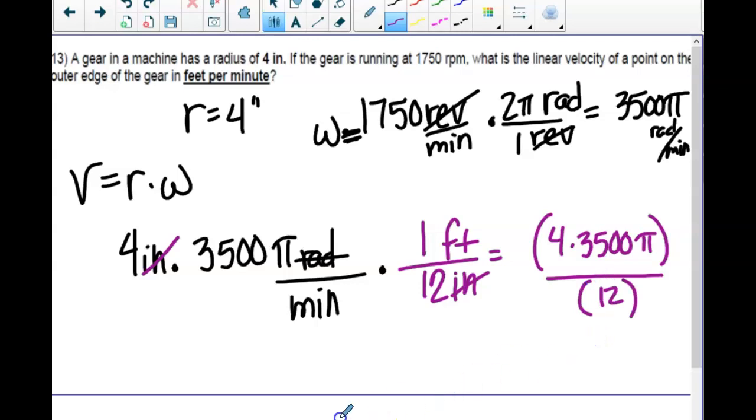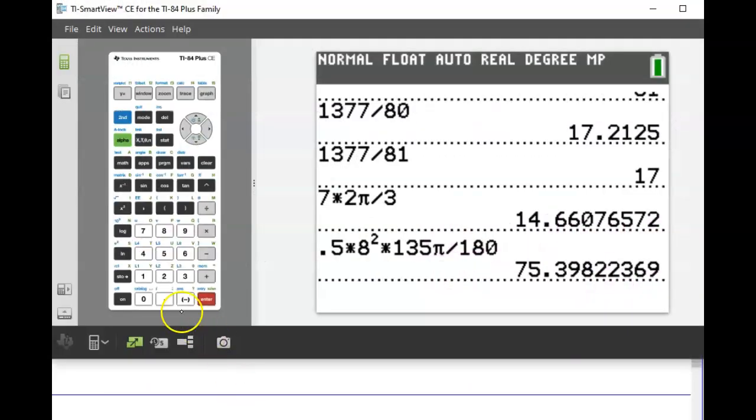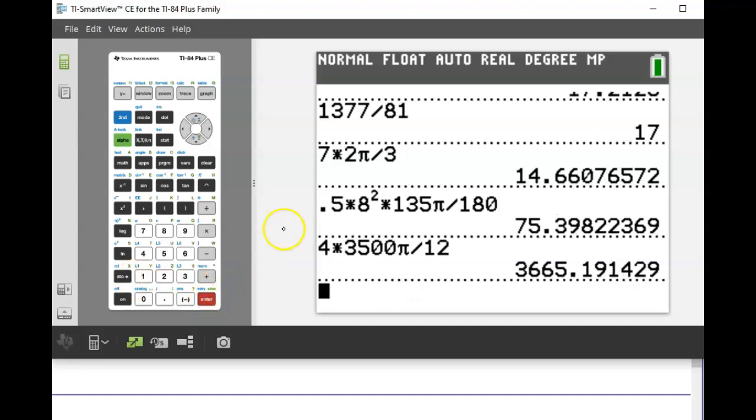So this is what we need to type. If you have two things in the denominator, the parentheses become especially important. 4 times 3,500. Don't forget the pi. And then we just had to divide by 12. 3665.2.